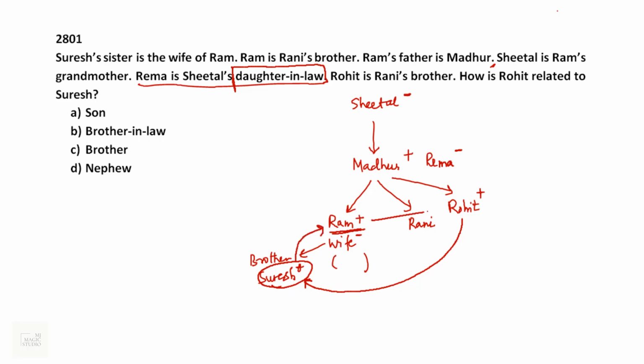And on that line, Rohit is brother-in-law of Suresh. Since no other options fit in, it has to be brother-in-law, option B.